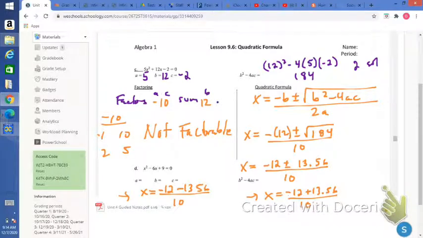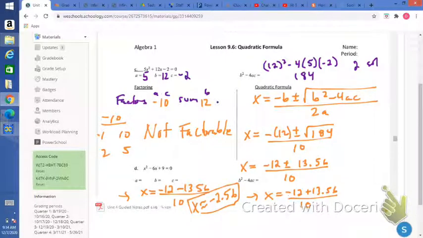So negative 12 minus 13.56 divided by 2. Sorry, I think I misspoke there. We need to divide by 10. So when we do that, we get x is approximately, because we rounded, negative 2.56.